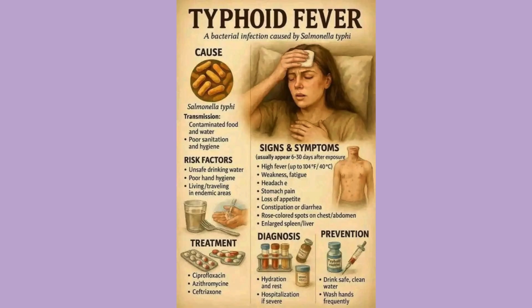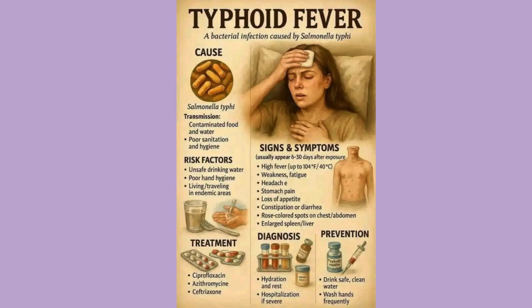Now, I will take you back to the famous Mary Typhoid, which people must have heard. Mary Typhoid, to cut the long story short, was a cook who left Ireland for the United States, in New York, and was serving in a hotel.